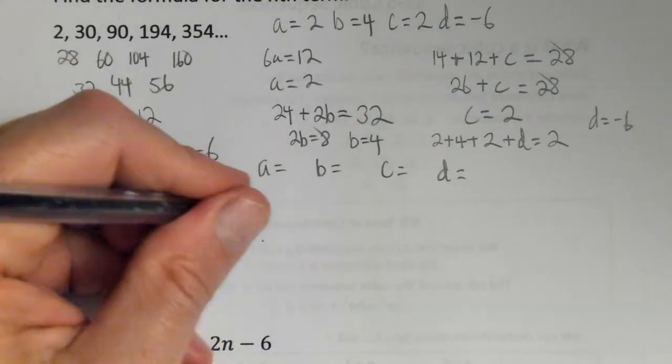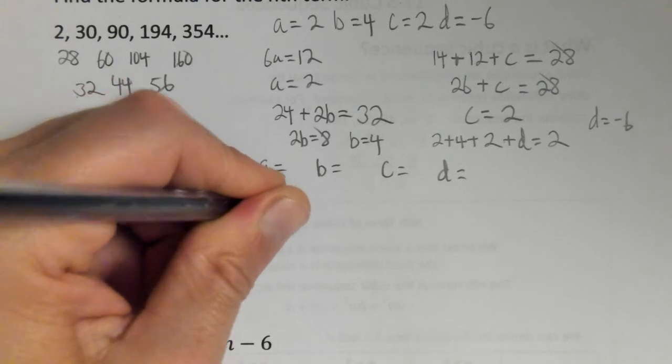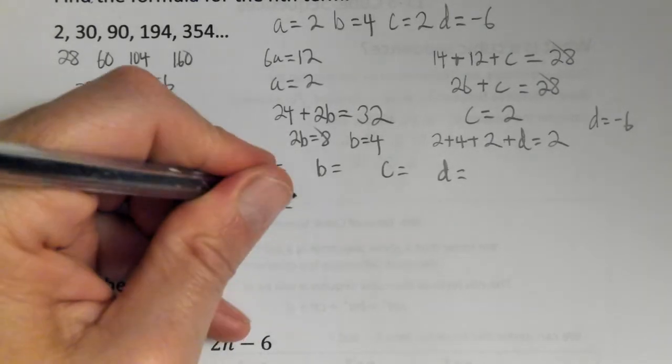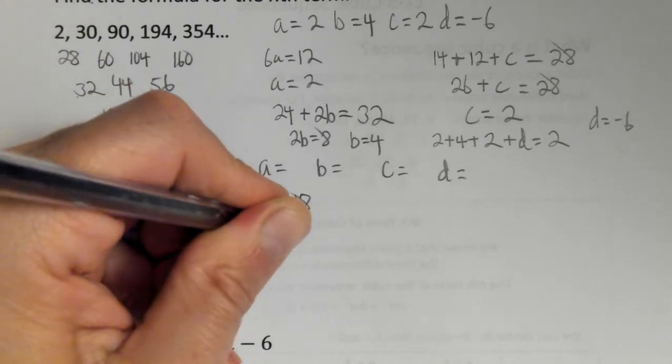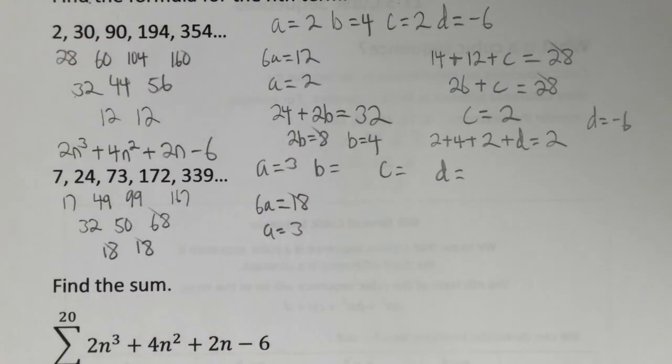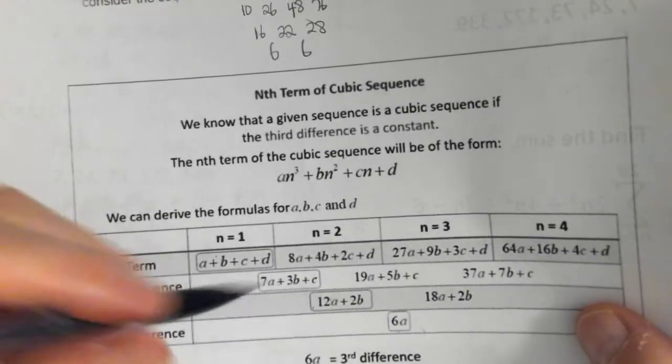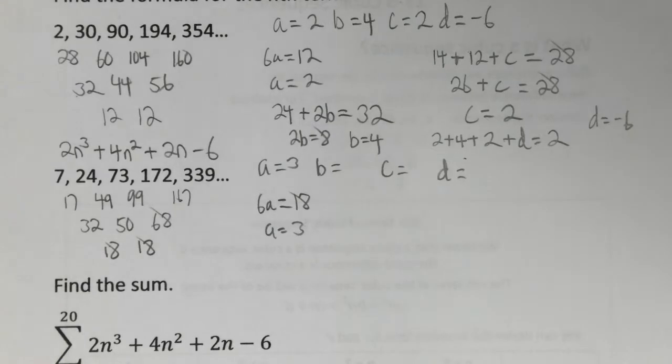So remember, 6A is equal to this term 18. So my A is going to be 3 here for this one. So 3 goes there. Alright, so remember the rest of it is going to be 12 times 3 plus 2b.